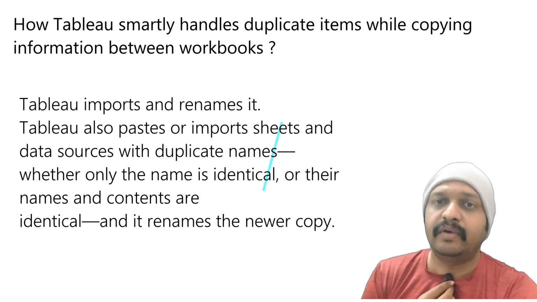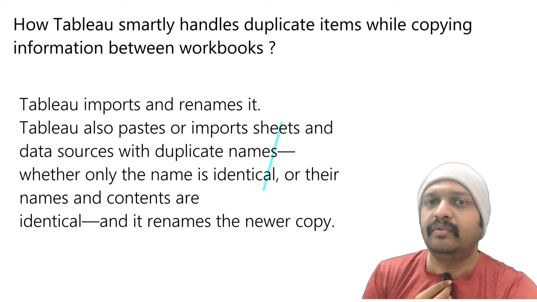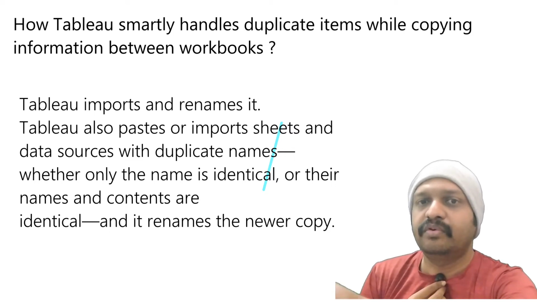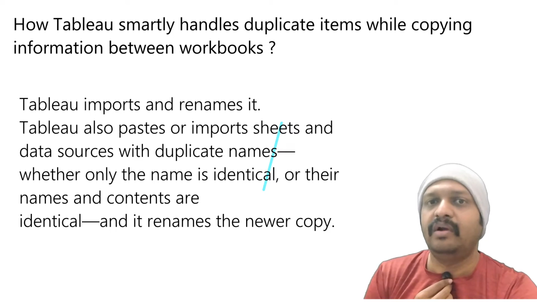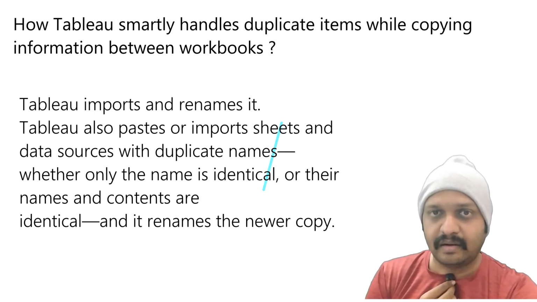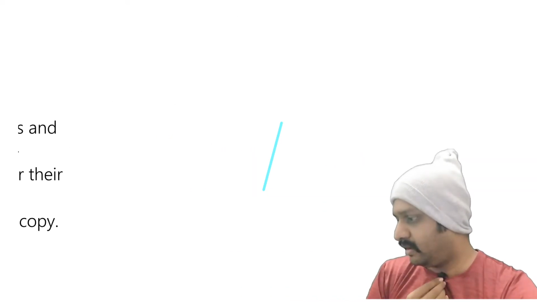However, if an item in the data pane has the same name but is defined differently, then Tableau imports and renames it. Tableau also pastes or imports sheets and data sources with duplicate names, whether only the name is identical or their names and contents are identical, and it renames the newer copy. Next question.